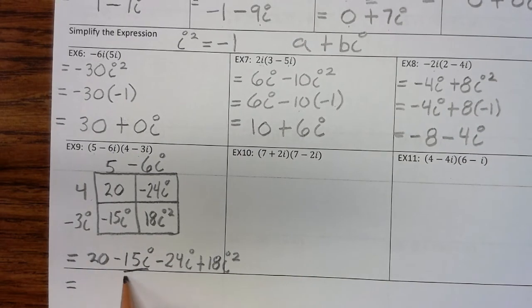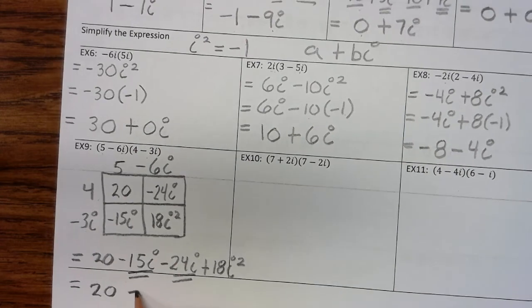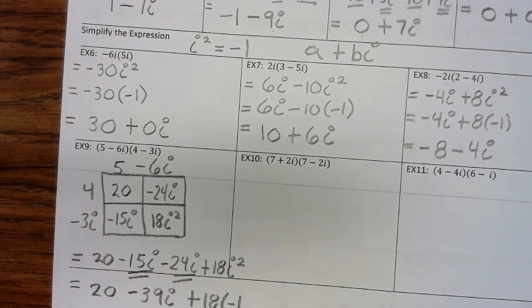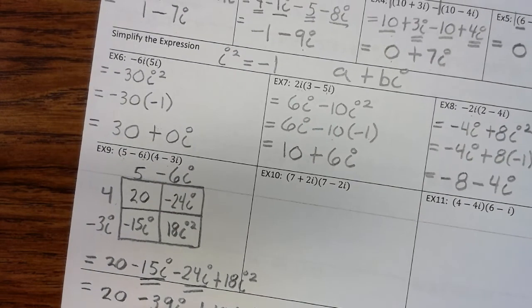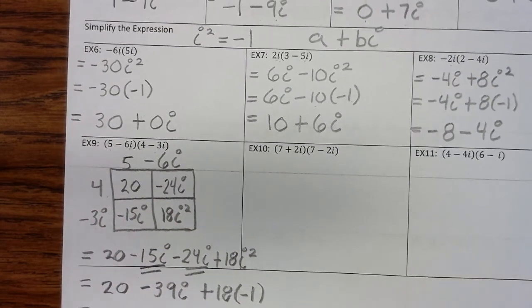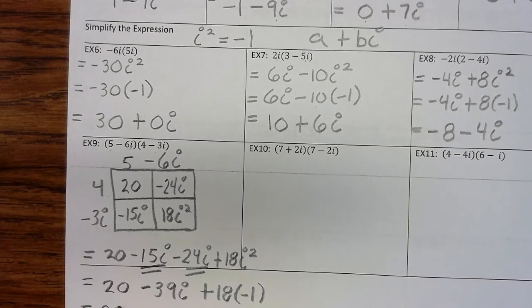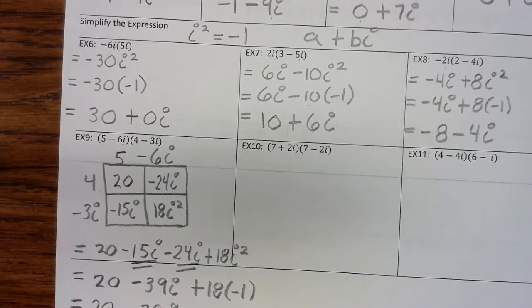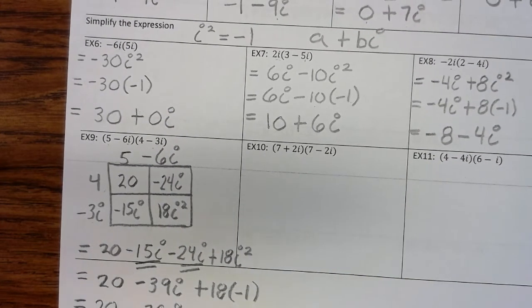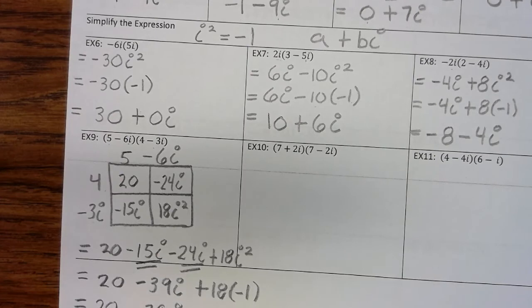So then you combine like terms. So then that's 20 minus 39i, and then I squared is negative 1, so that's plus 18 times negative 1. So then that's 20 minus 39i minus 18. 20 minus 18 is 2 minus 39i.